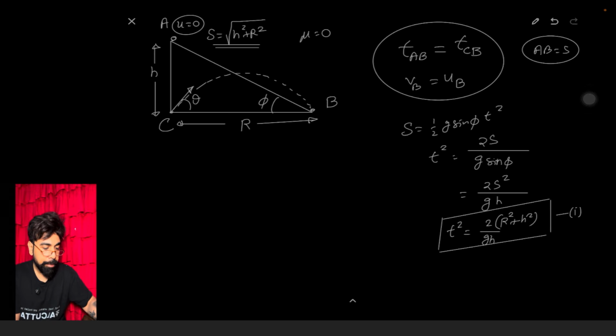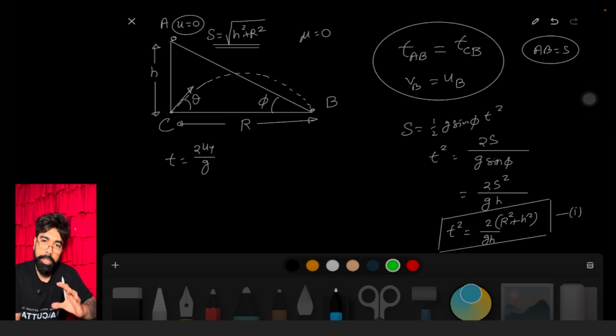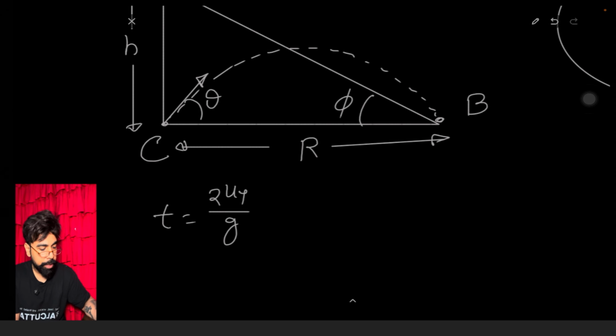Now, in this same time, the projectile has come from point C to point B. What is the time of flight formula? The time of flight is 2uy by g, where uy is the initial velocity's y component. Suppose the projectile is projected with velocity u; then the y component of u is uy and the x component is ux.